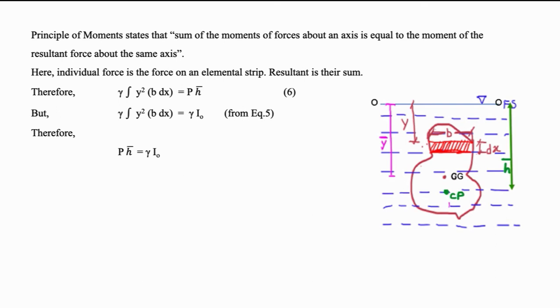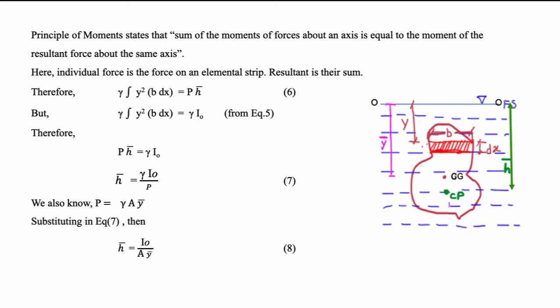Therefore, P h bar is equal to gamma I naught, or h bar, that is location of center of pressure, is equal to gamma into I naught by P. But we know total hydrostatic force P is equal to gamma into A into y bar. Substituting the expression for P in equation 7, we get h bar is equal to I naught by A y bar.